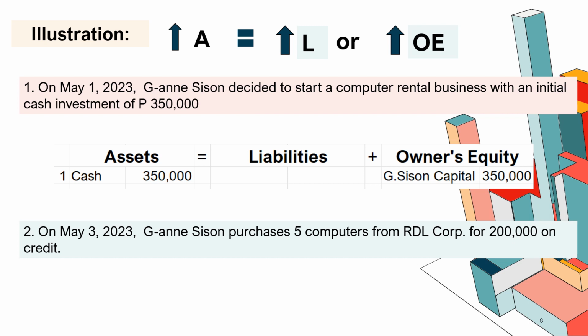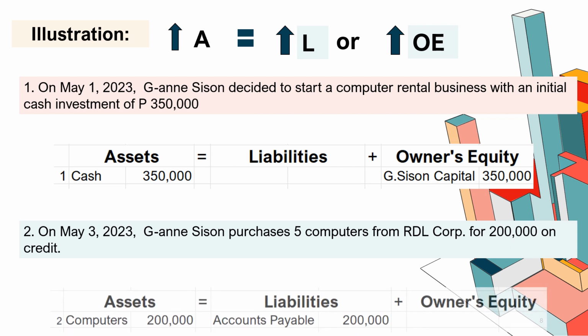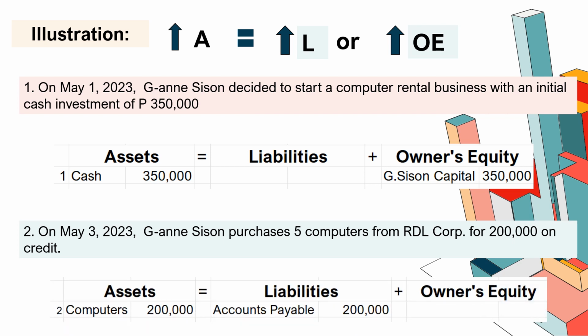Okay, number 2. On May 3, 2023, G and Season purchases 5 computers from RDL Corporation for 200,000 on credit. Again, let us analyze what items in our accounting equation are affected. Since the transaction involves computers and it's on credit, computers are our assets. So we have 200,000.